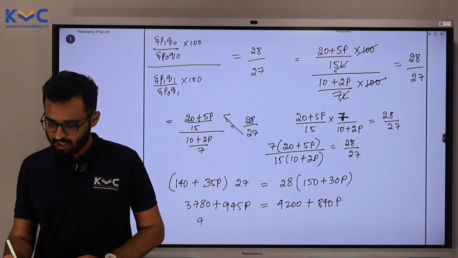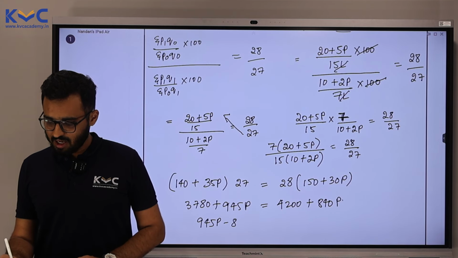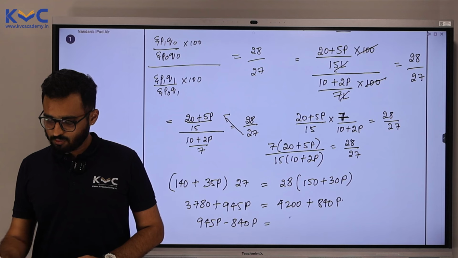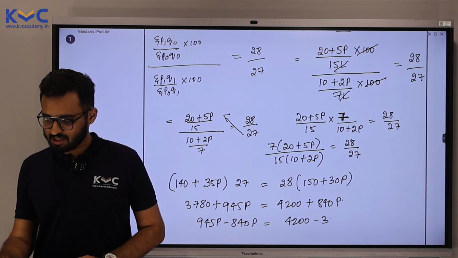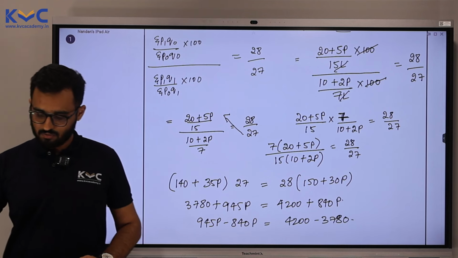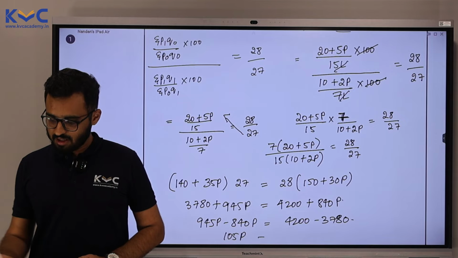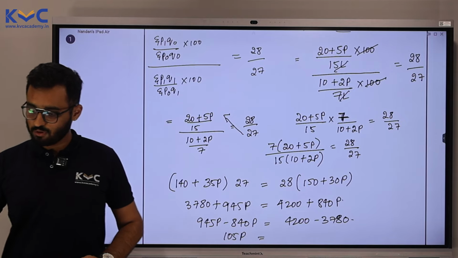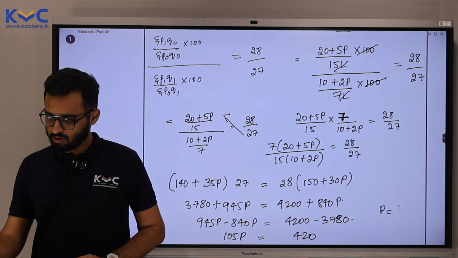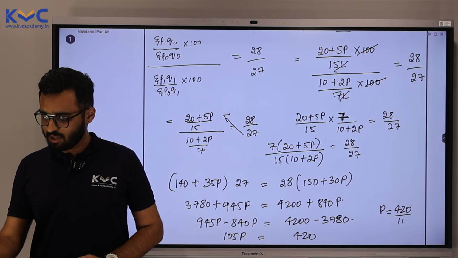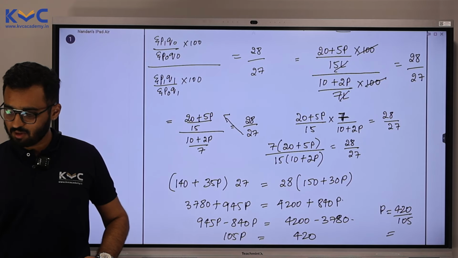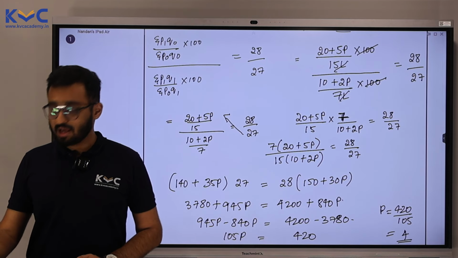So now I'll do 945p minus 840p is equal to 4200 minus 3780. So 945 minus 840 is 105p, equal to 420. So p is equal to 420 divided by 105, so p is 4.